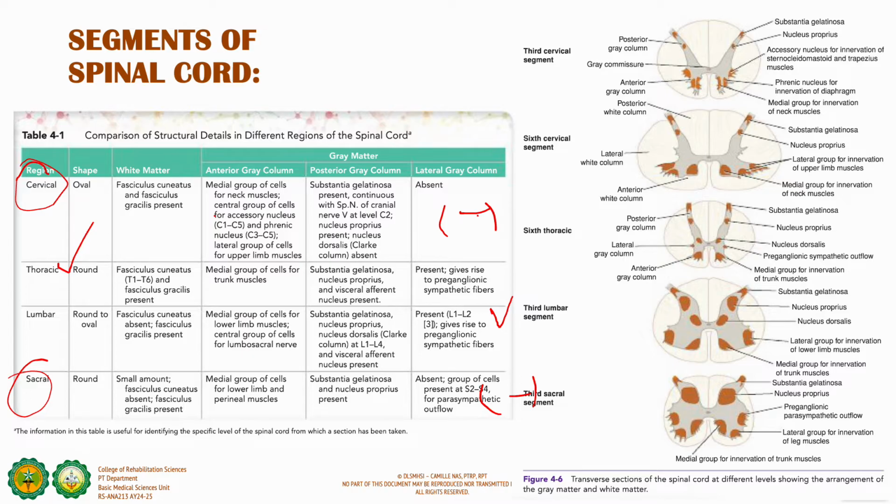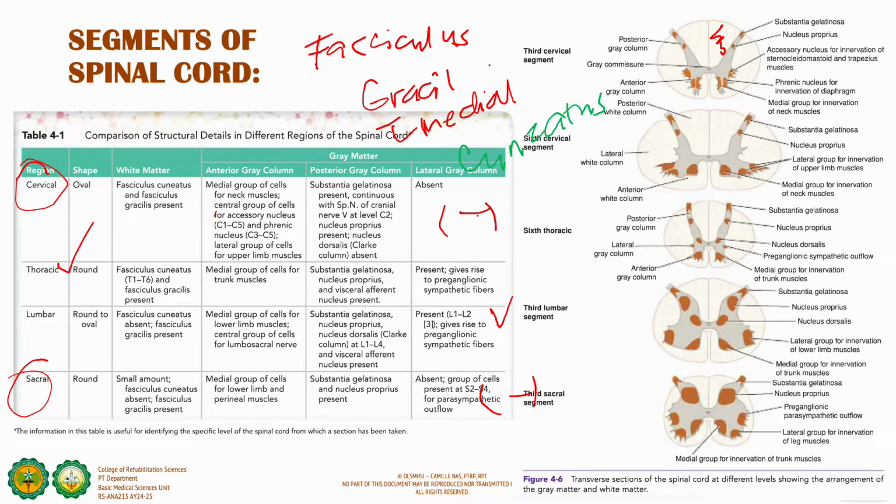Alright? And then all of them will have our posterior columns, the fasciculus gracilis, our landmark is G, M, so this one is at the medial portion, and then the fasciculus cuneatus, CL naman, so the lateral column. Okay, and then the anterior horn cells are found here.